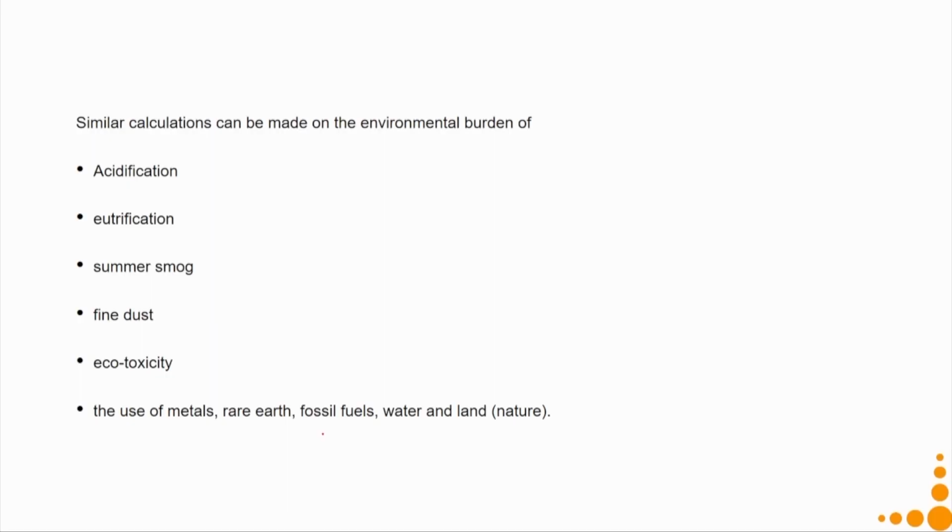Because my parameters for eco costs, the ecological burden, are carbon dioxide emission along with acidification, eutrophication, summer smog, fine dust, ecotoxicity, the use of metals, rare earths, fossil fuels, water and land. There are so many different parameters for the environmental burden. How can I compare these two?